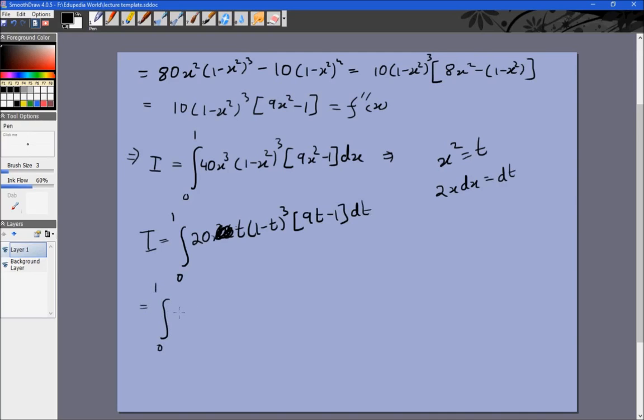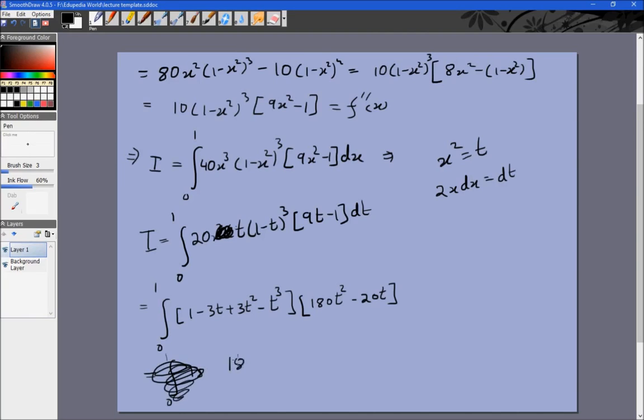Right, which can be written as the integral from 0 to 1. (1 minus t) cube is 1 minus 3t plus 3t squared minus t cubed, into (180t squared minus 20t). And I'll just expand it completely now, which we would have had to do anyway. Actually, you know what? It might be easier to break it into two integrals.